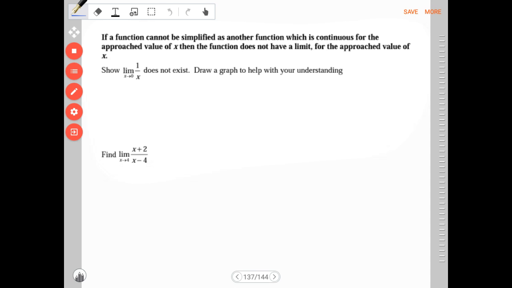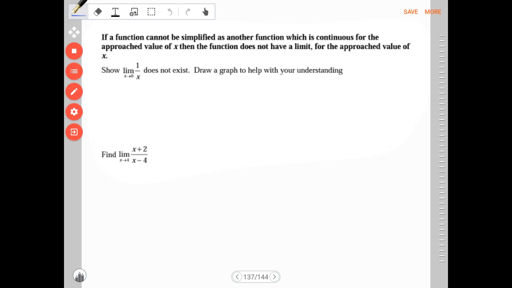Now, what happens if a function can't be simplified into another continuous function? Basically, what happens if the 0 over 0 doesn't cancel, or what if it's not even 0 over 0? I've given you a couple of examples here where it doesn't, and hopefully it'll help cement the idea.